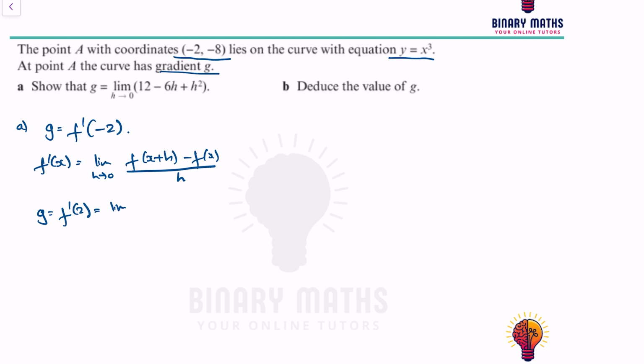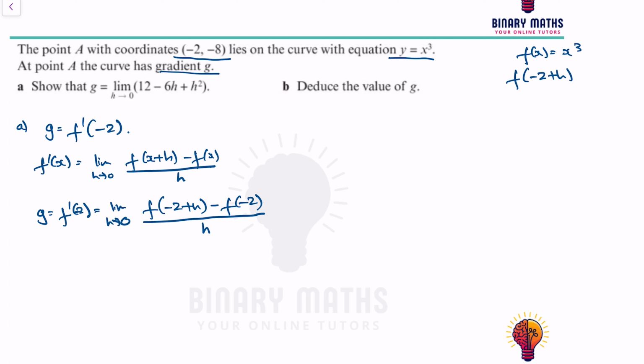So if we replace x with -2, we get f of (-2 plus h) minus f of -2, all over h. Now remember, f of x, the function, is x cubed. So f of (-2 plus h) is equal to (-2 plus h) all cubed. And f of -2 will be (-2) cubed.